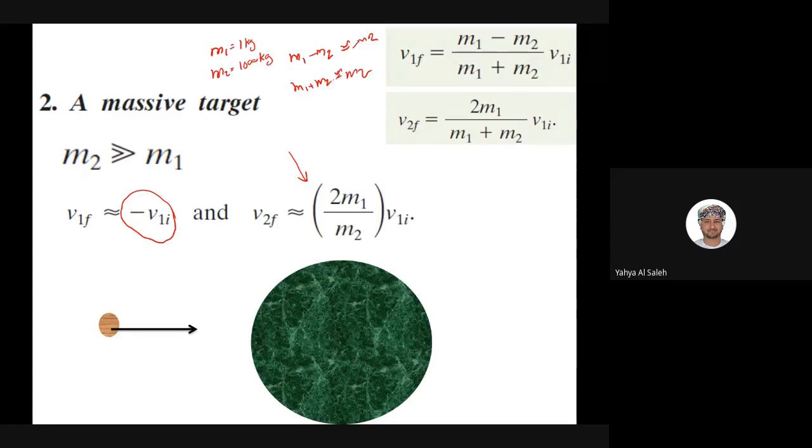So this is around 0.002 VI. So it will move, but the movement's velocity will be very, very tiny, which again makes sense. Small guy pushing big guy isn't going to move much.